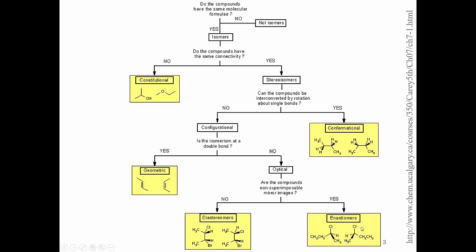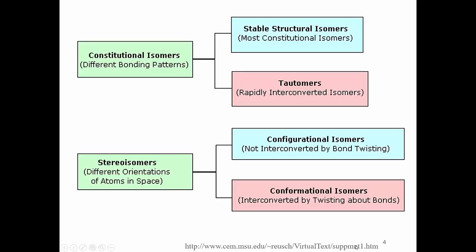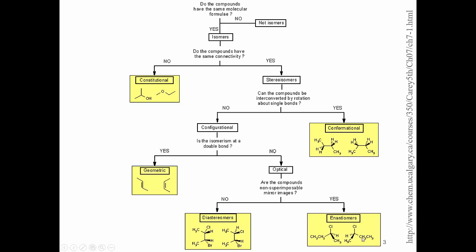So imagine taking this compound here, matching up the chloro and matching up the ethyl group. In order to do that, we would look at the axis where the carbon-chlorine bond is, and we would rotate this compound 180 degrees.